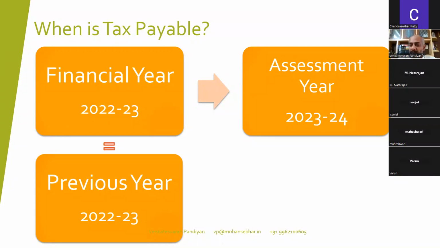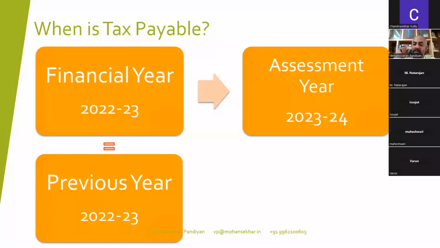The process of determining the total income and the tax liability technically happens after the close of the financial year. The process of that determination is what is termed as assessment in the language of income tax. So when is that done? That is done in the year after the close of the financial year.